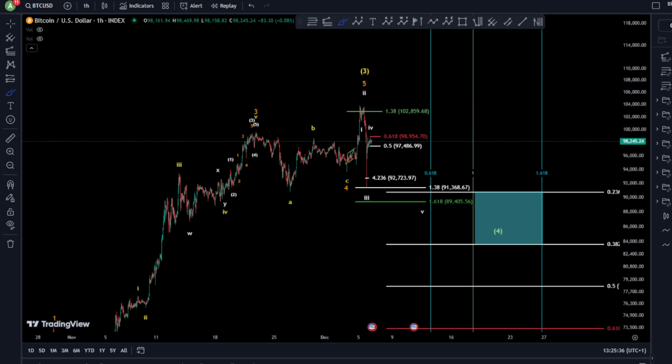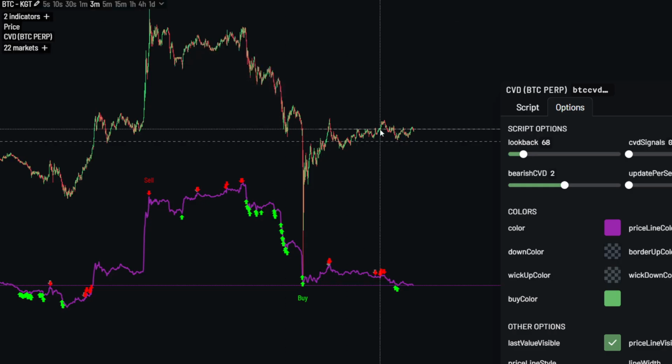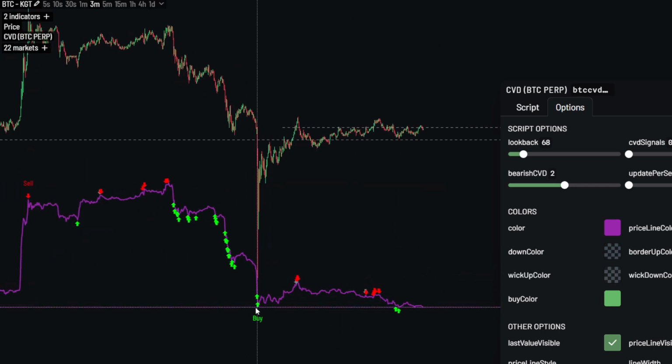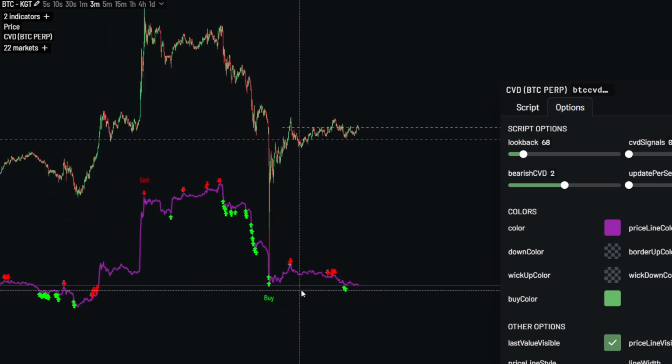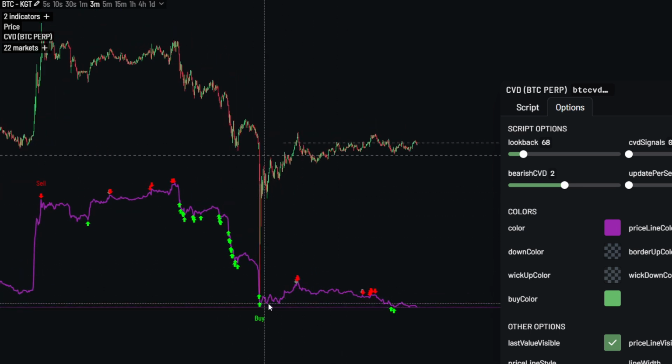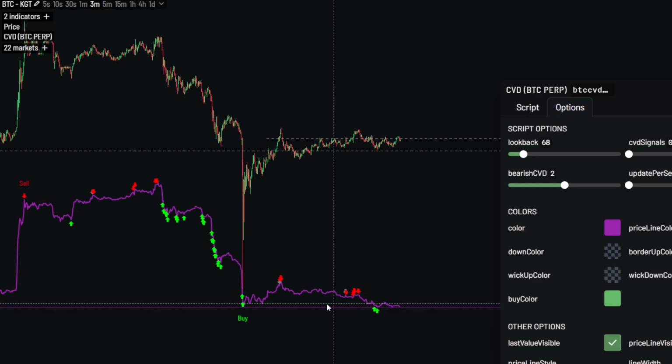Now, if we go to KGT, let's see what it gives us. As you can see on the 3-minute chart, we are in a buy signal, which tells us I'm in a buy signal or probably in a correction after a very strong trend towards the downside. That is because we are looking right now at a divergence between the signals and the price action, so that is a bullish signal, right?